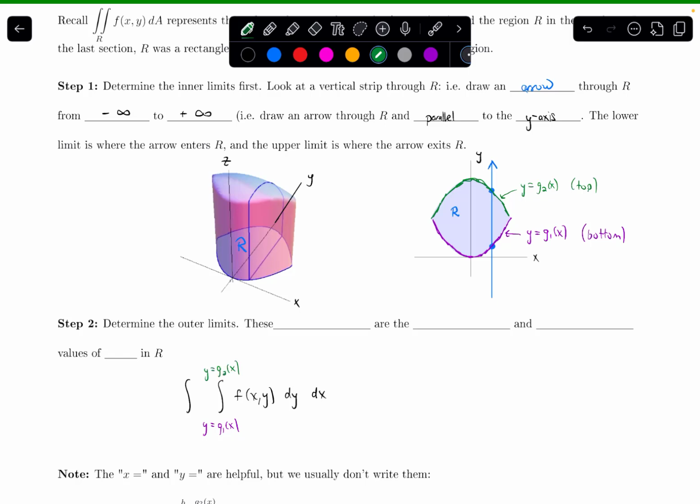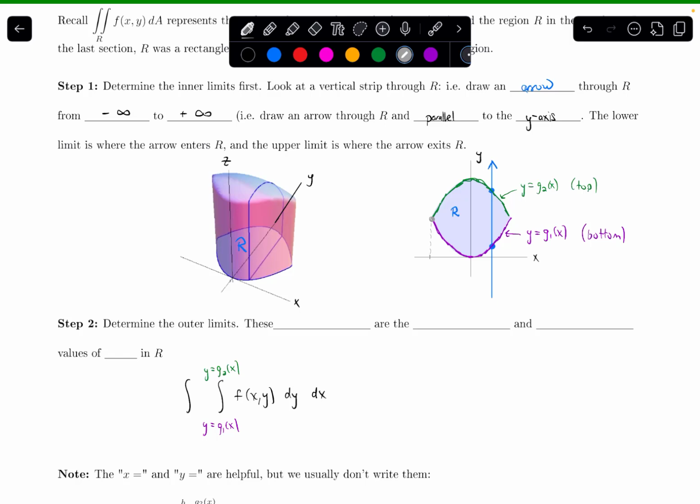Okay. And then step 2 is to determine the outer limits. The outer limits are based on the outer integral, the dx integral. So they're based on the values of x. And the values of x I determine more simply based on what's the smallest value of x for this region.